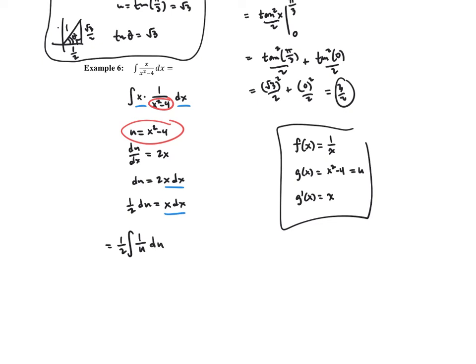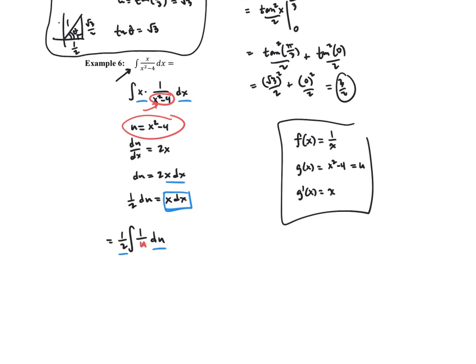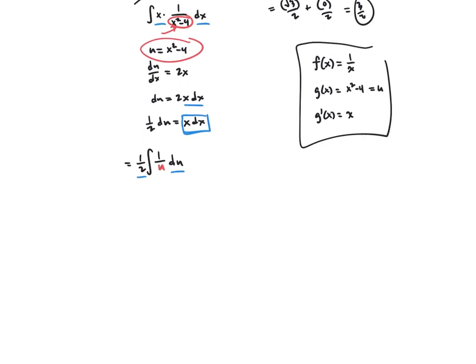Okay, so let's see where we came from. 1/2 du is equivalent to x dx, and 1 over u is equivalent to 1 over x squared minus 4. So we took a complex integral like this and we simplified it down to a very simple integral.